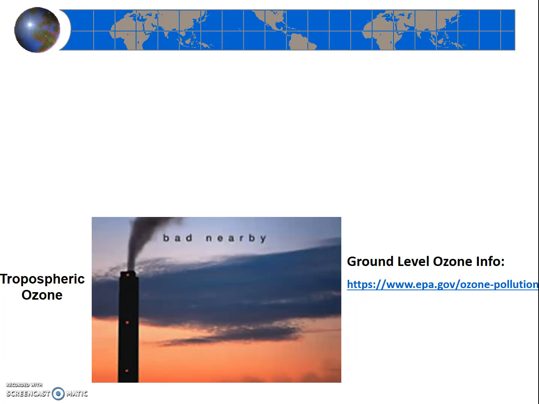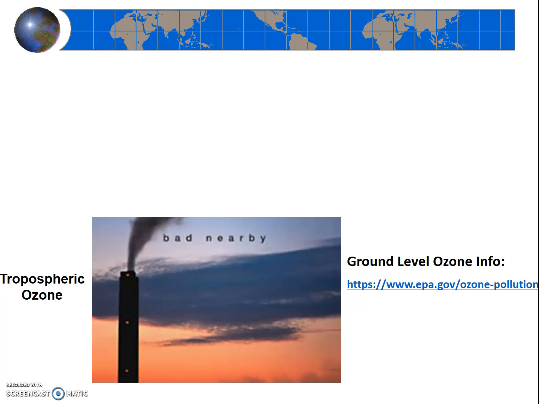These precursor compounds, nitrogen oxides and volatile organic compounds, are emitted from car exhausts, industrial facilities, etc. And notably, when we have Spare the Air days here in the San Francisco Bay Area, it is often due to elevated tropospheric ozone levels. Ozone is a major component of smog, and it can damage our lungs. For more excellent information on tropospheric ozone, or ground-level ozone, see the United States Environmental Protection Agency website shown here.